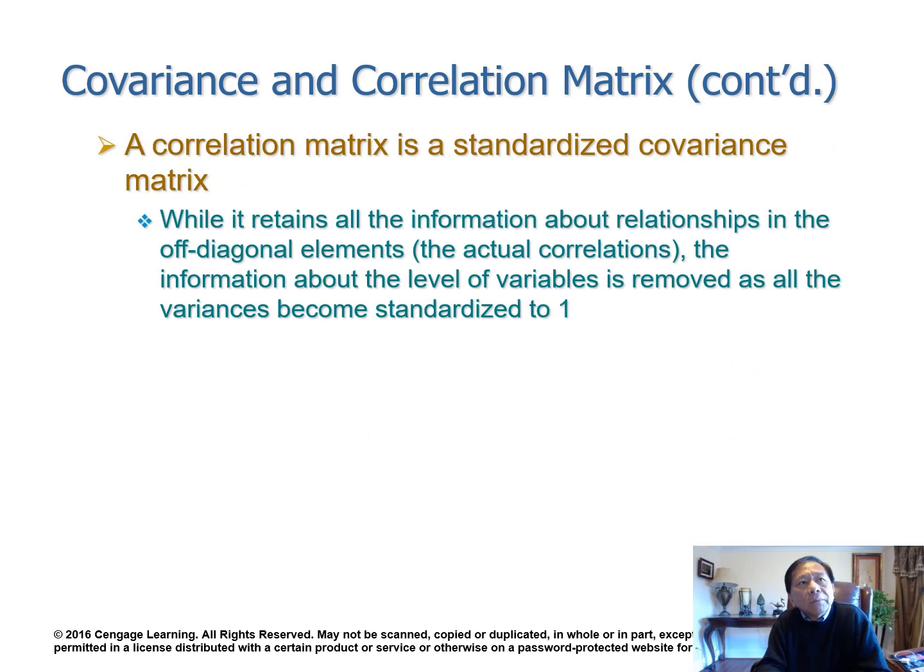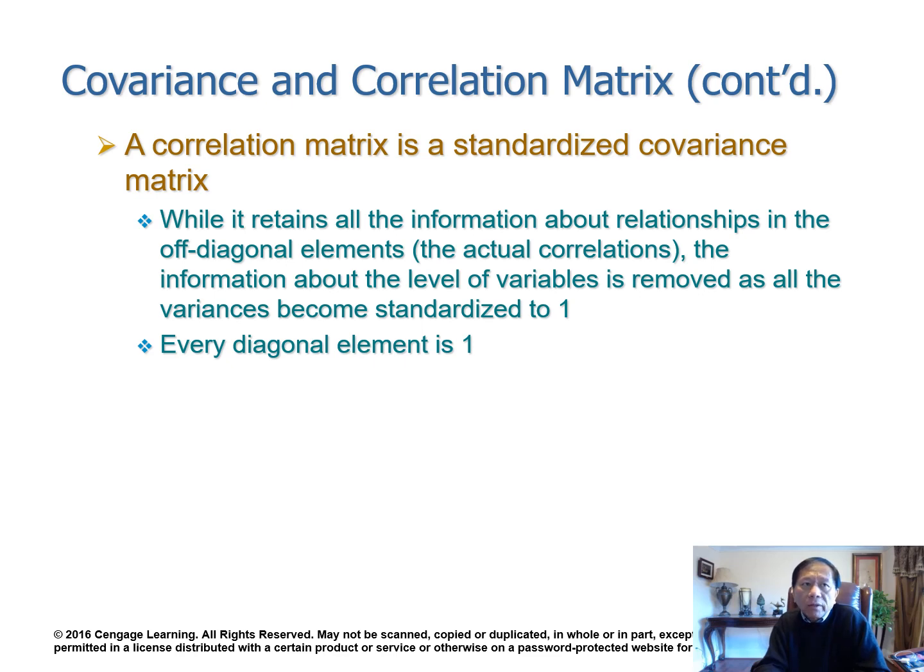Covariance and correlation matrix. A correlation matrix is a standardized covariance matrix, where it retains all the information about relationships in the off-diagonal elements, the actual correlations. The information about the level of variables is removed as all the variance becomes standardized to 1.